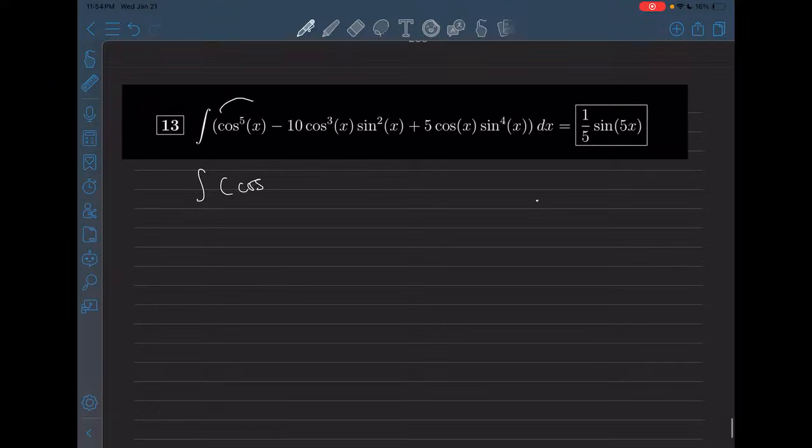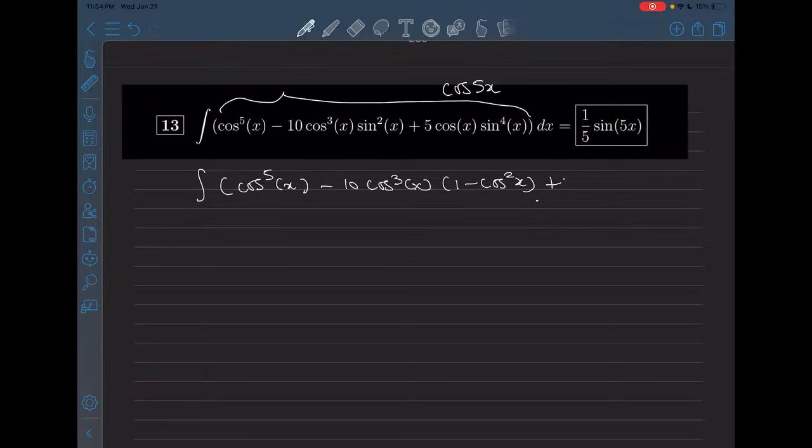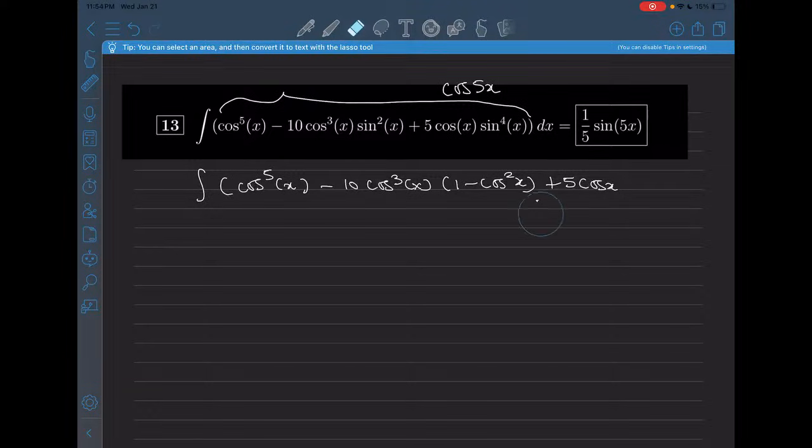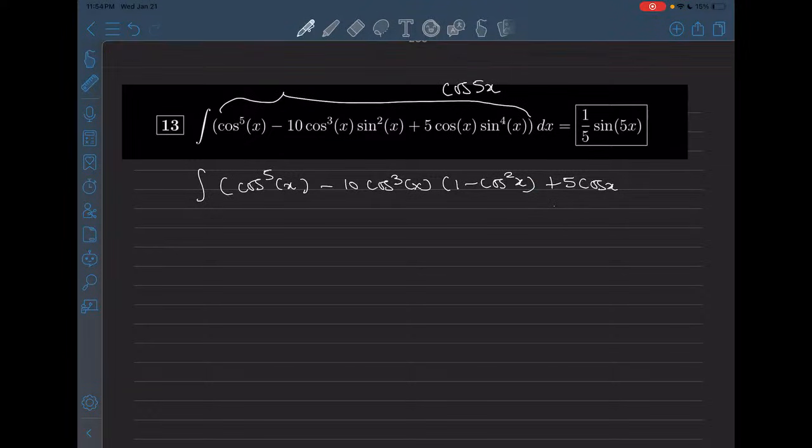So this whole thing should actually be cosine 5x from the answer, but we don't really know that. Okay, cos to the power 5 x minus 10 cos cube x times (1 minus cosine square x) plus 5 cos x times (1 minus cosine square x) whole square, right? And then dx.